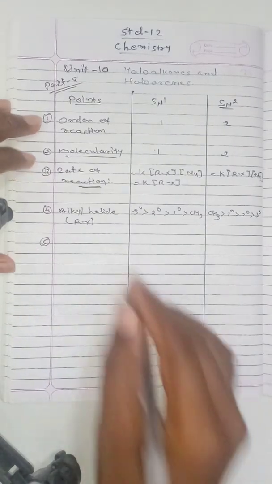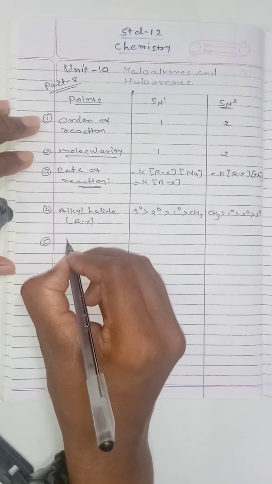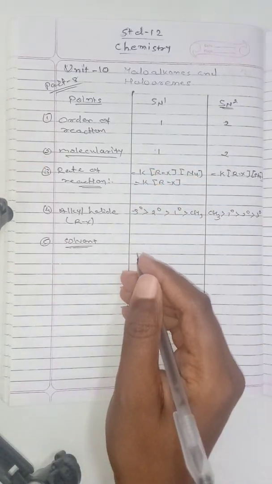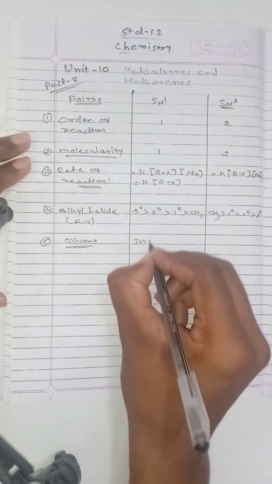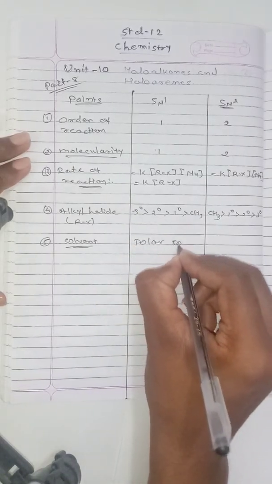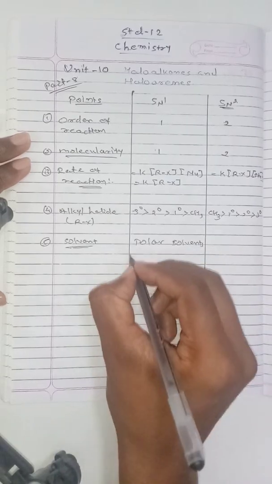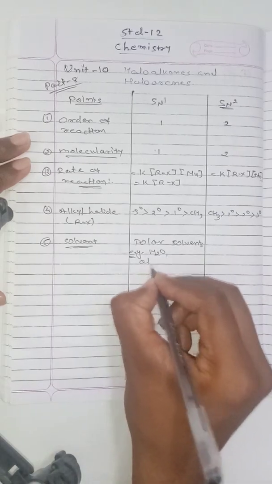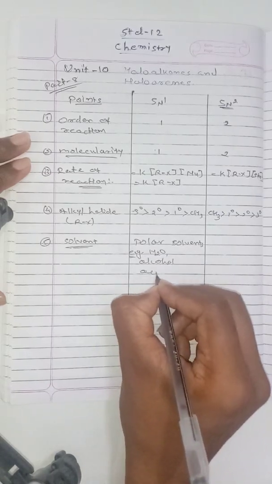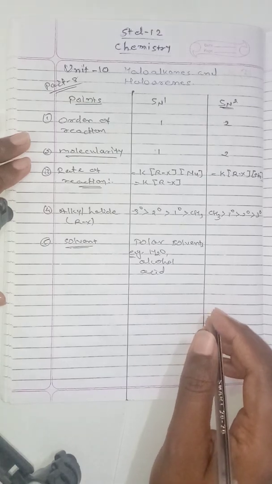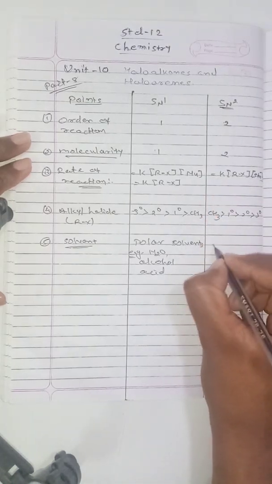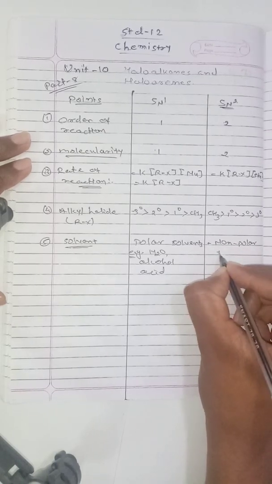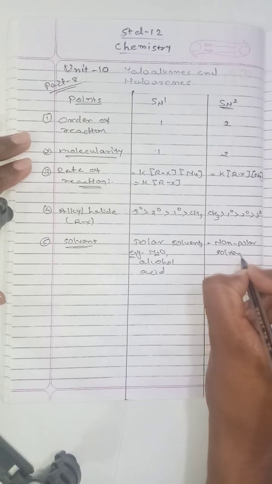Point number 5, which type of solvents are used? In SN1 reaction, mostly polar solvents are used, like water, alcohol, acid, etc. While for SN2 reaction, mostly non-polar solvents are used.